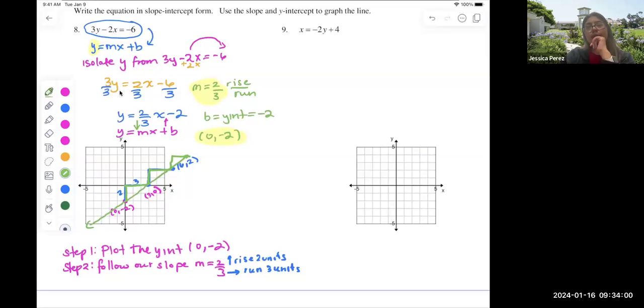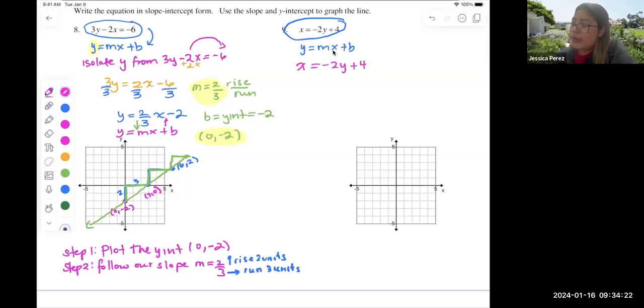Now we're going to do the same thing for the next one. Again, our goal is to convert this. Notice that the y is not isolated. I have x equals negative 2y plus 4. So how can I isolate it? There are two ways I could go about it.